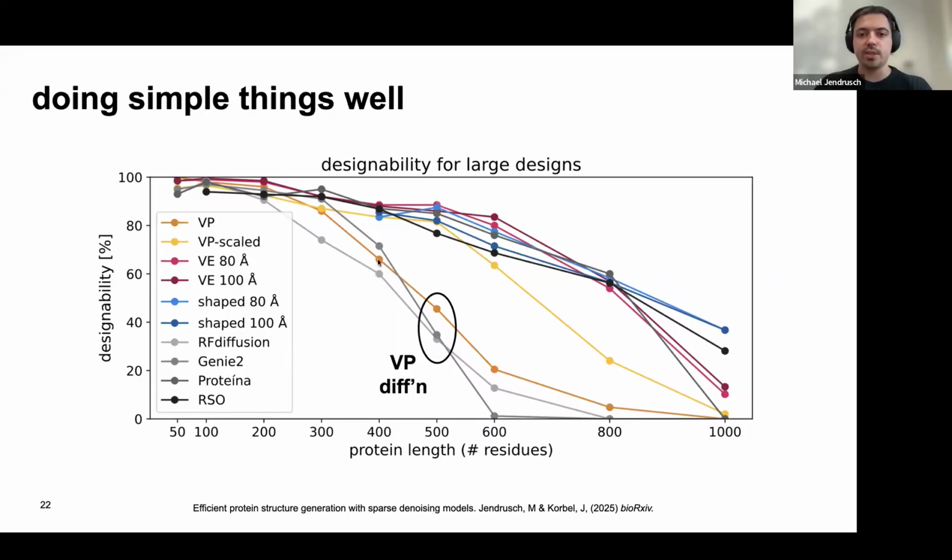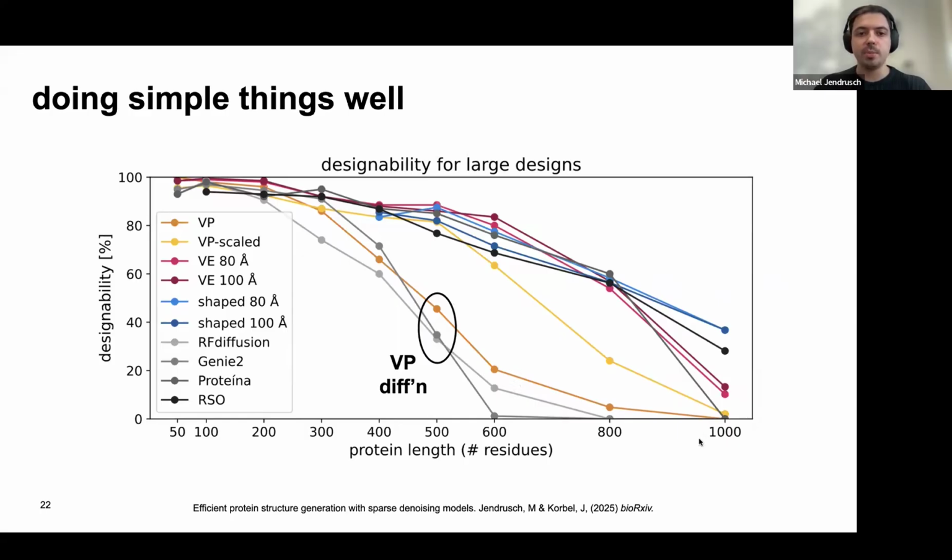The orange curve is the Salad model, and the light gray curve is RF diffusion. But it displays the same type of behavior: around 500 amino acids, performance suddenly starts dropping, and we get almost no designable structures at 1,000 amino acids.